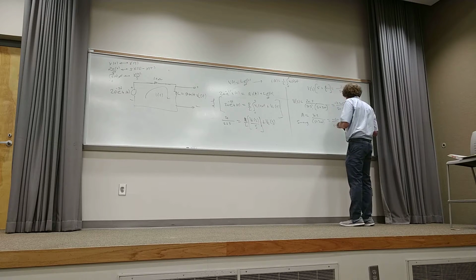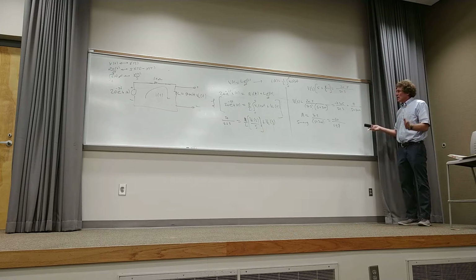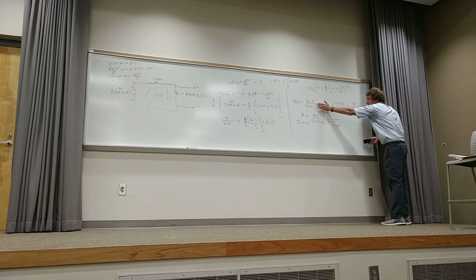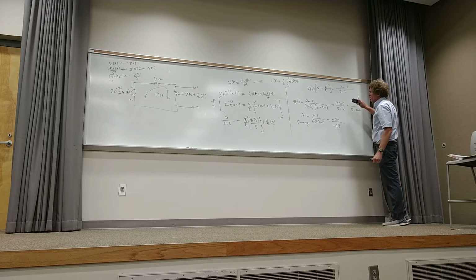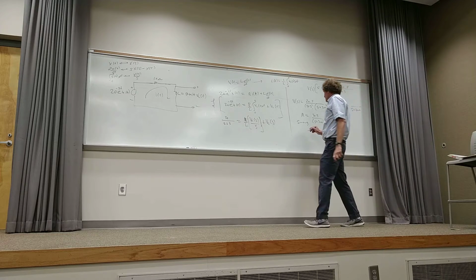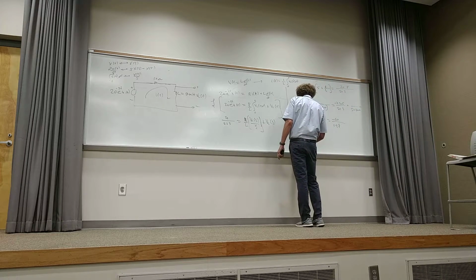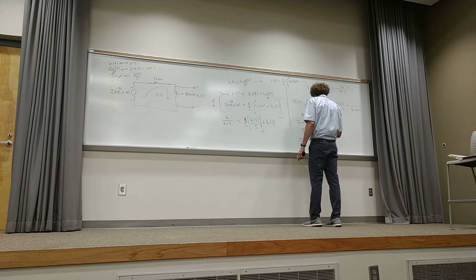All right, how do I get B? Same deal. Cover the S plus 200 and evaluate everything at S equals minus 200. So B would be, S goes to minus 200, right? And it would be equal to 20 times minus 200 over minus 200 plus 3, or minus 197.